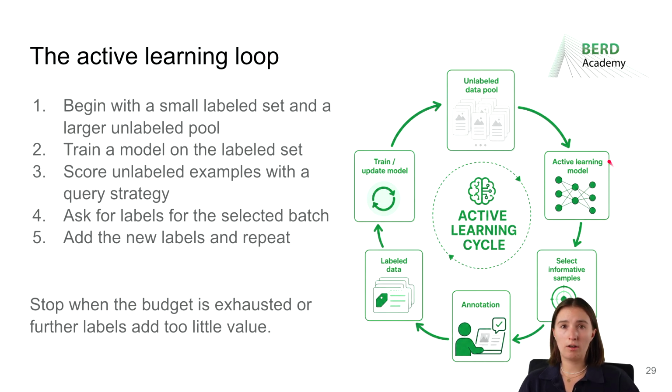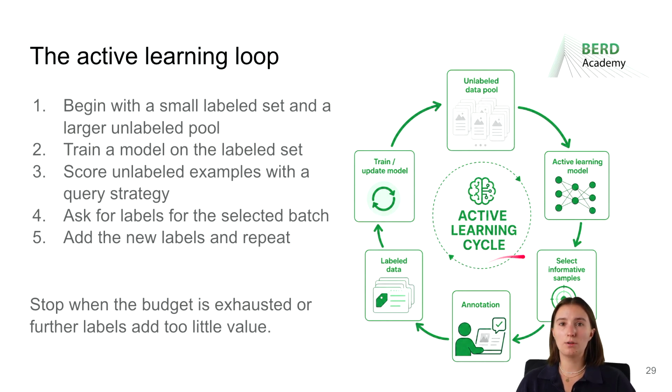Then, depending on the predictions that we get, the active learning model chooses the most informative samples and tells us which are the ones that we should label next, gives them to the oracle for annotation, they provide the labels, and with the new labeled data set, we can then retrain our model. You can repeat this cycle until your annotation budget is exhausted, or further labels add no value to your prediction model.